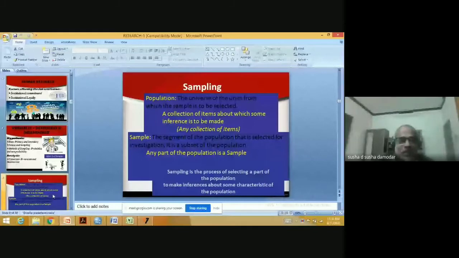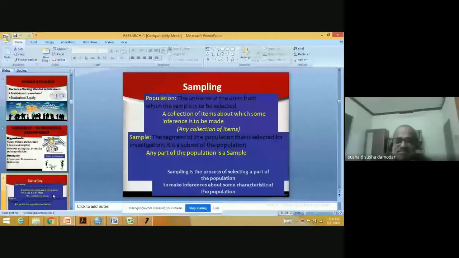In our area of study, who are the targeted respondents? The entire targeted respondents constitute the population. And we select respondents from the overall population under study.